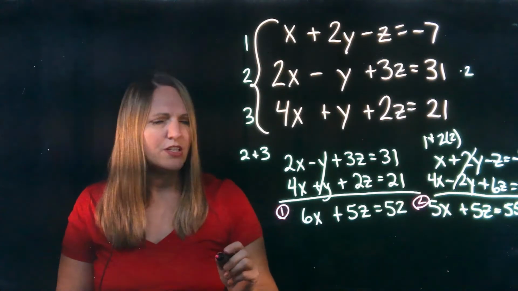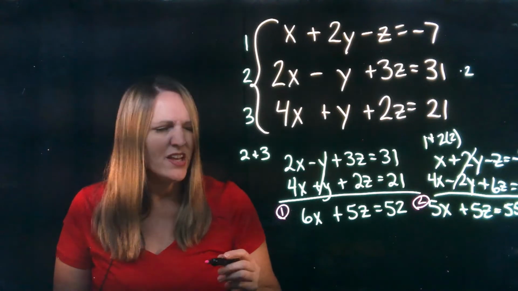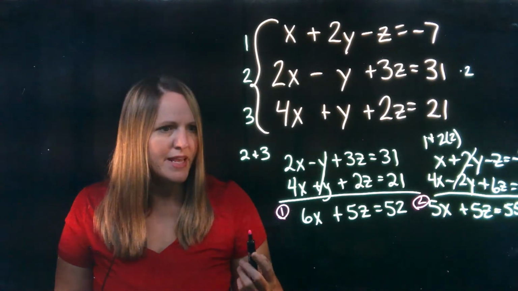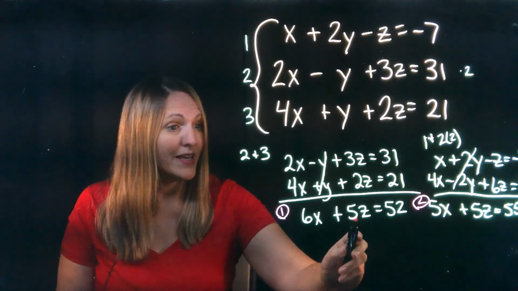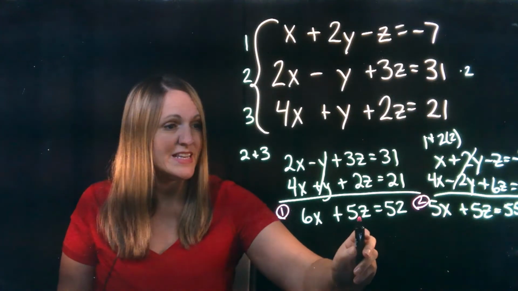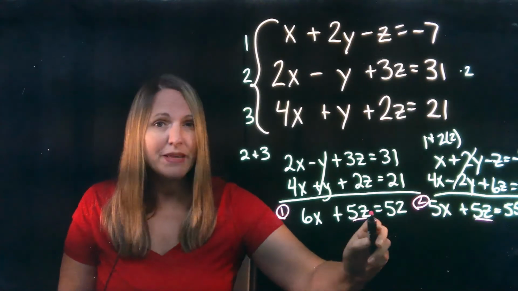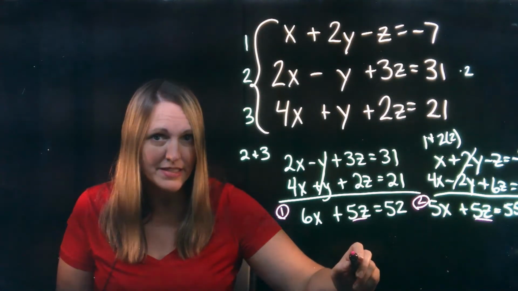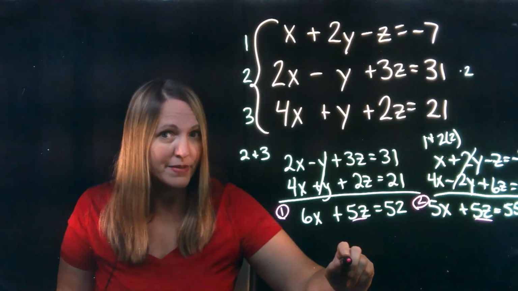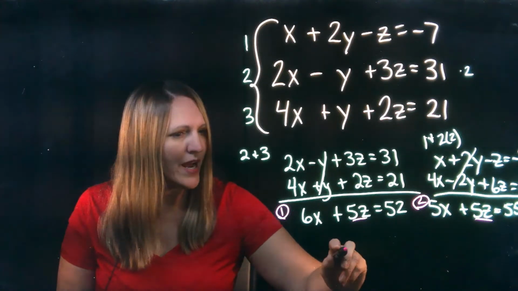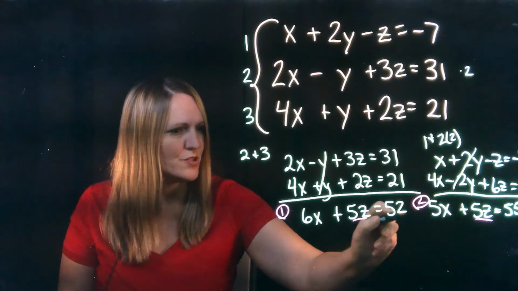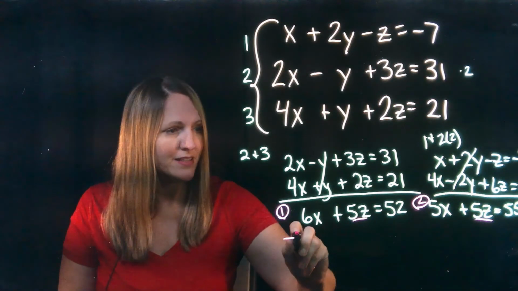Those are my new 2 equations. The thing that jumps out to me is that they both have a 5z. That means if I subtract these equations, the z term will be eliminated. So I'm going to subtract the new number 2 from number 1.